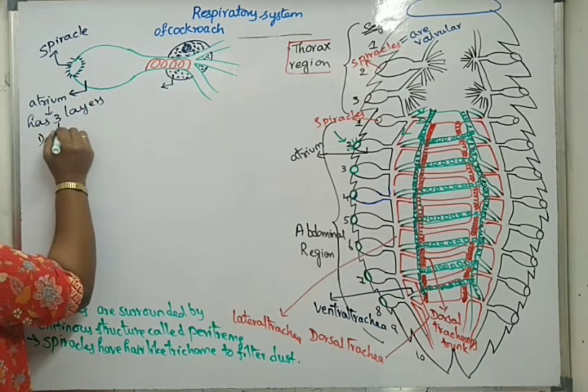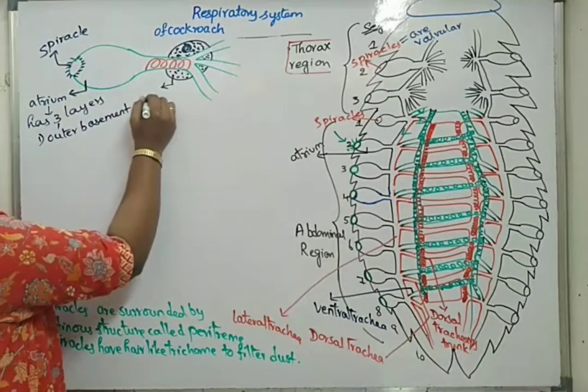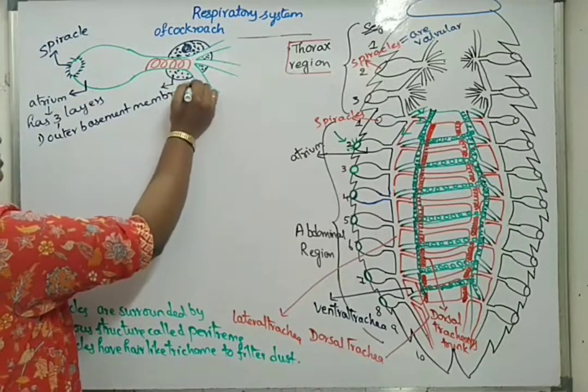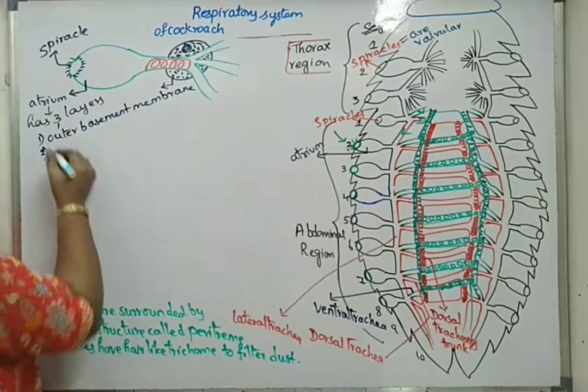One is outer basement membrane. Second one, middle single layered structure called epithelium.